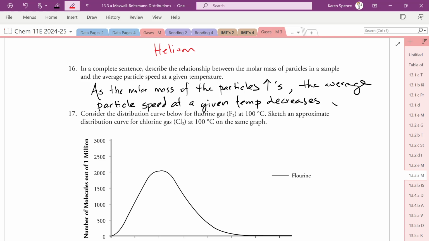Should the peak be higher, lower, or the same? Higher. Should the peak be moved to the left, to the right, or stay the same? Right. So it's going to be higher and to the right?